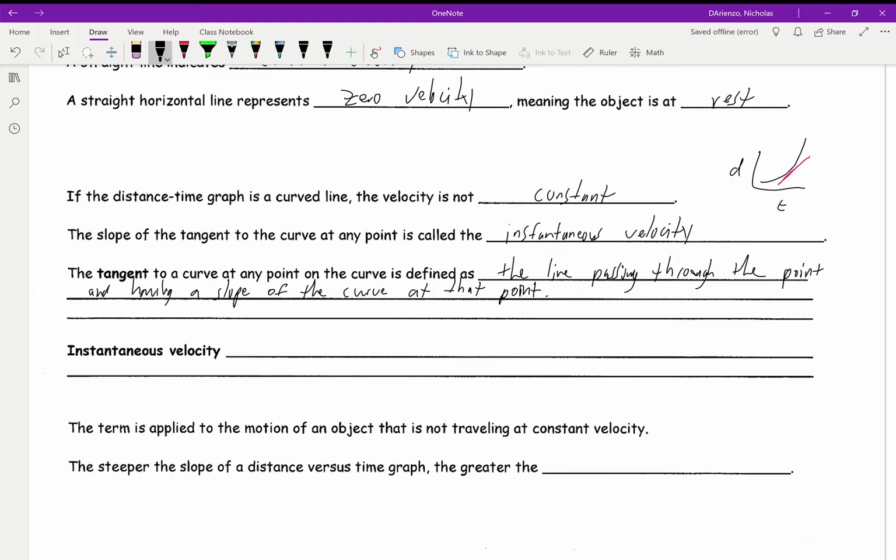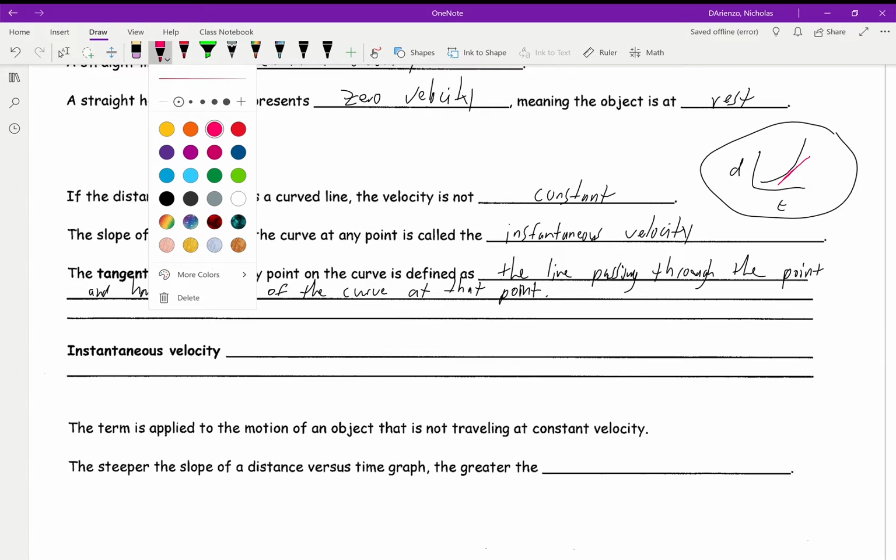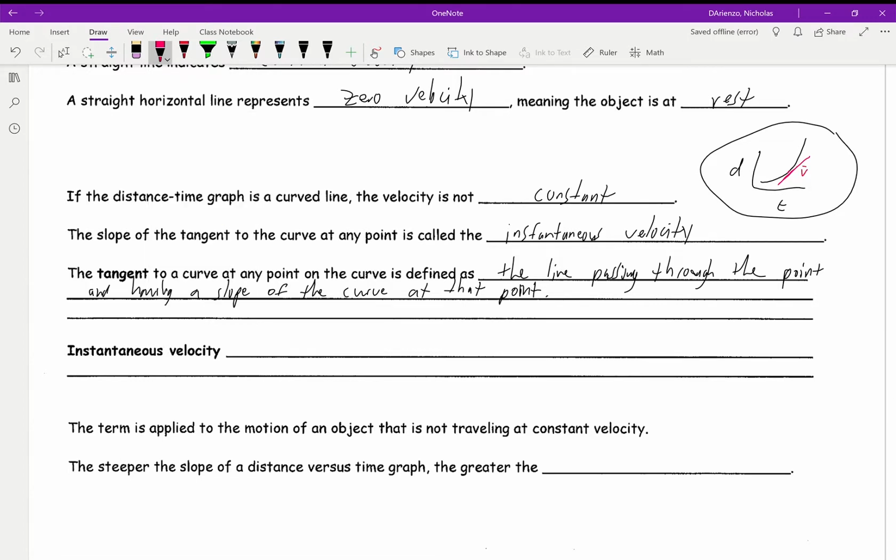And again, that's represented here, where this red would be our velocity.